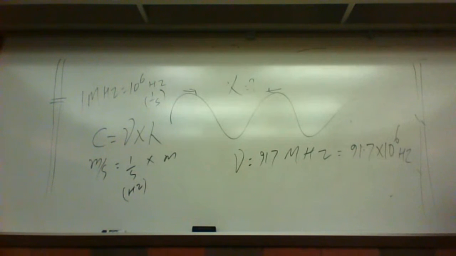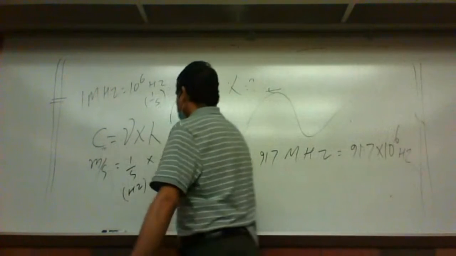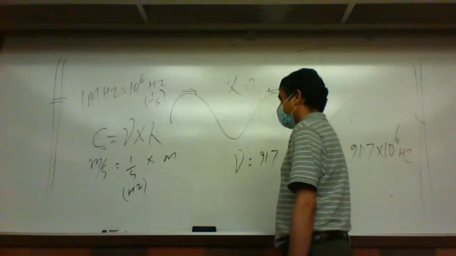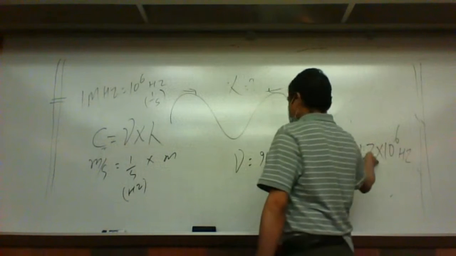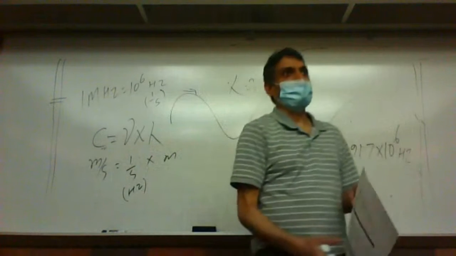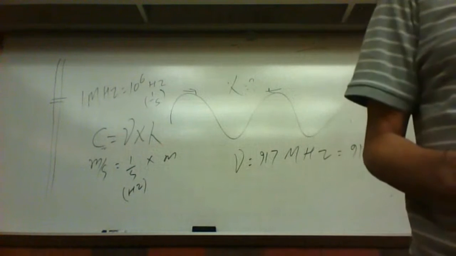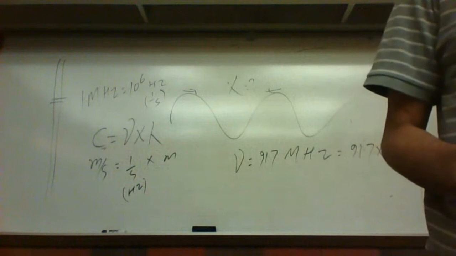So that's the frequency. Make sense? So now C is given, C multiplied by 10 to the power 8. Frequency is this number, put it here, and the lambda is here. Just here is the equation, and that's the wavelength of the radio. Make sense? I already did that one, so you can just look at that one there.